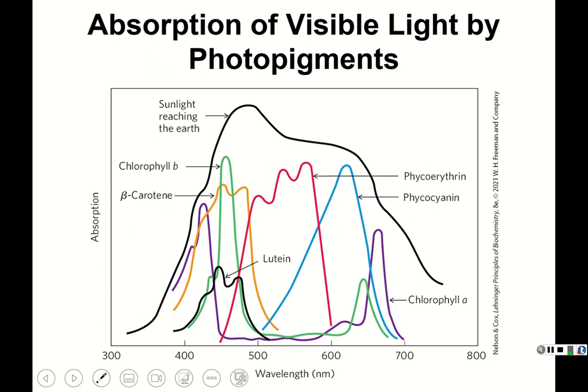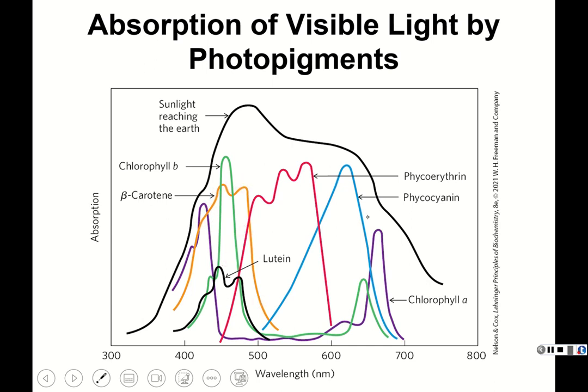And that's one of the reasons why these plants appear to be green. Because you're absorbing a lot of blue and a lot of this red region. So what's left? The colors that are left are what's reflected out, and those are more in the green region. Some of the other pigments are shown here, like beta carotene here in orange and lutein here in black.